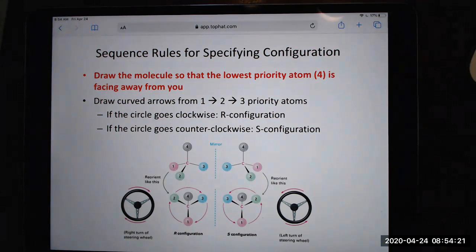So let me switch the cameras here. So if you have something like this, let's say that the 4 is coming out at you, and then it goes 1, 2, 3. What you need to do is rotate or flip it so that it is going away from you. You have to have the number 4 going away.